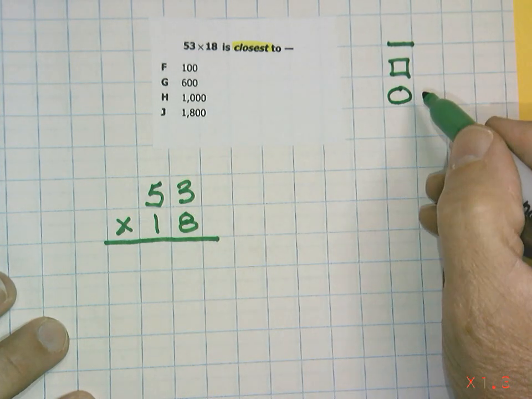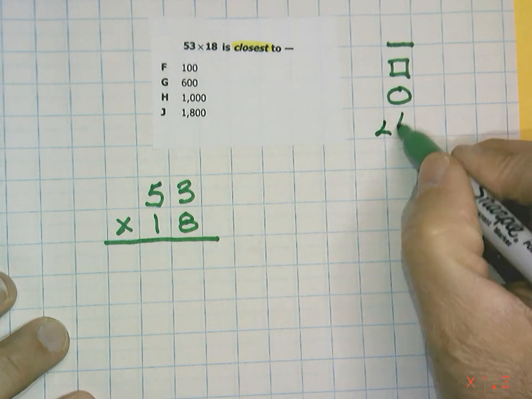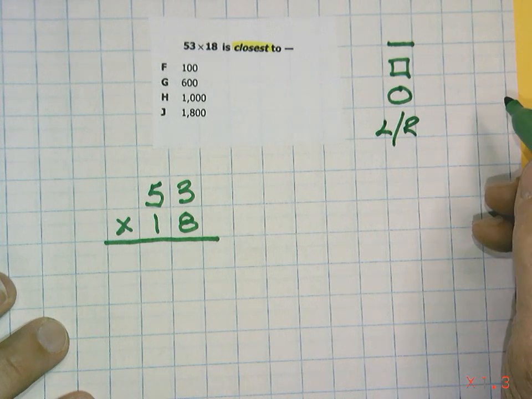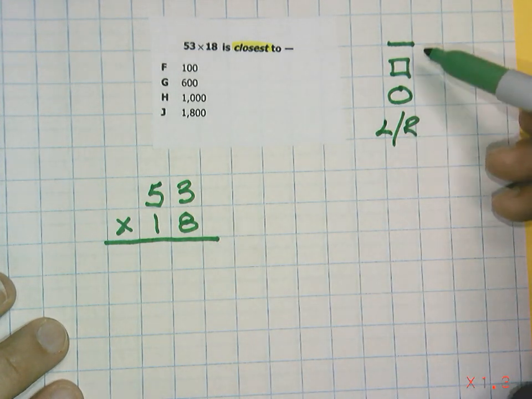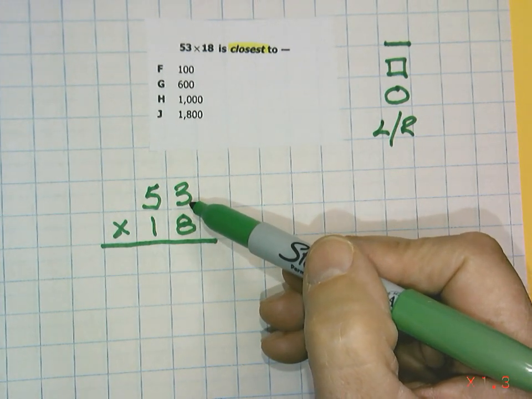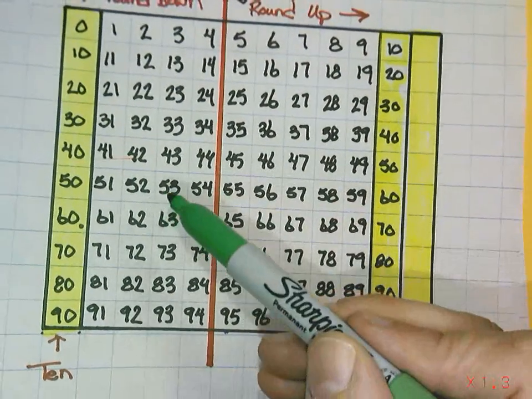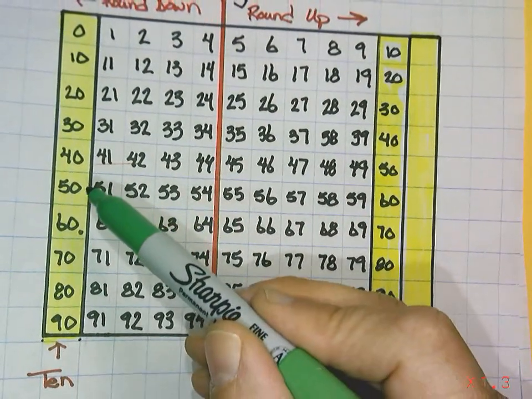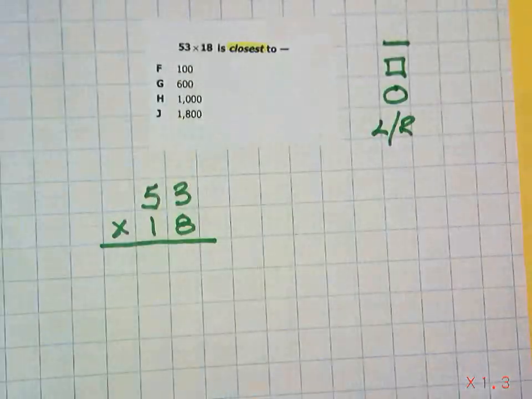The circle represents that you then round that number you drew in the box, and then you remember the rules for left and right. Well, these are two-digit problems, so we really just have to round. I'm going to show that on a chart, 53 and 18. 53 rounds to 50, and 18 rounds to 20.